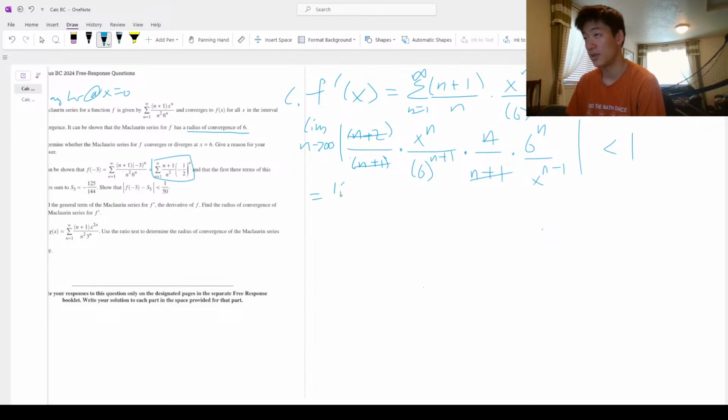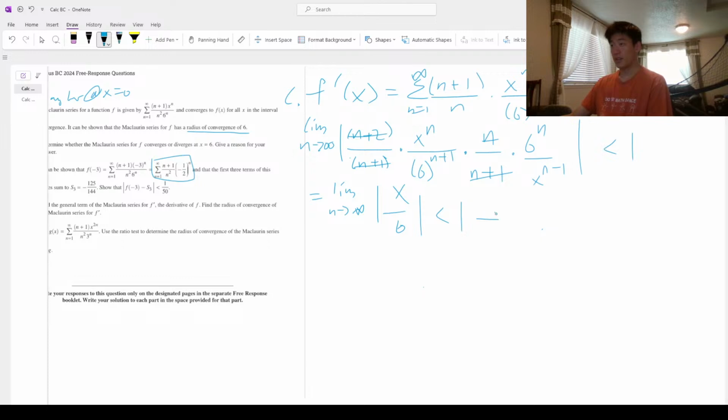So this equals the limit as n approaches infinity of just x over 6, which is less than 1. Okay, so now there's no more n's here, so you're just left with x over 6 is less than 1, so negative 6 is less than x is less than 6.